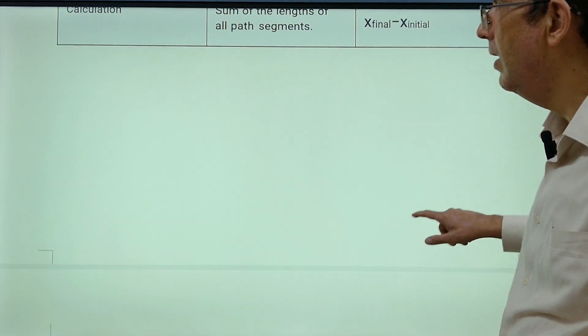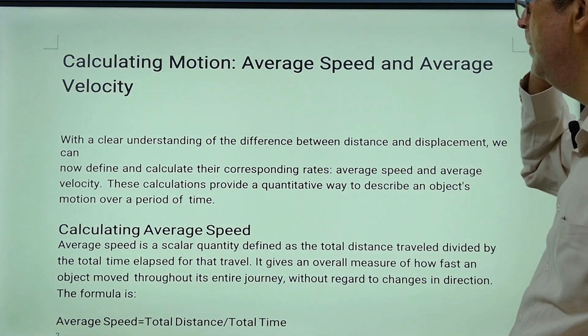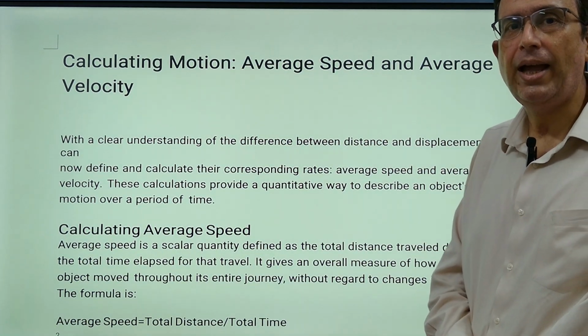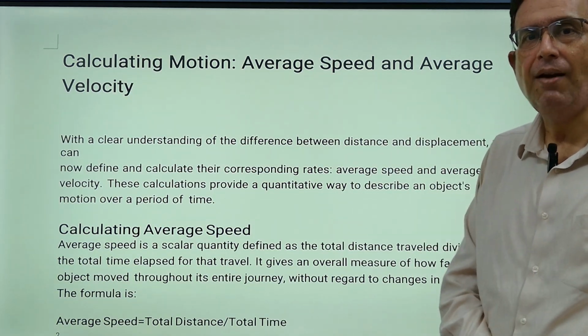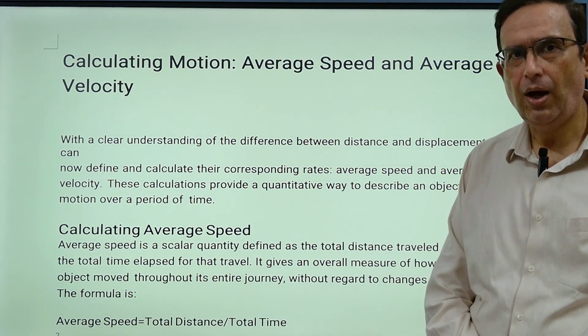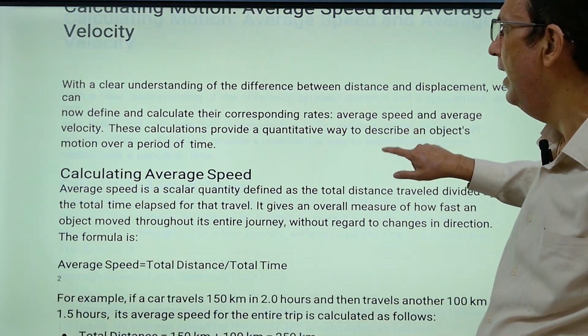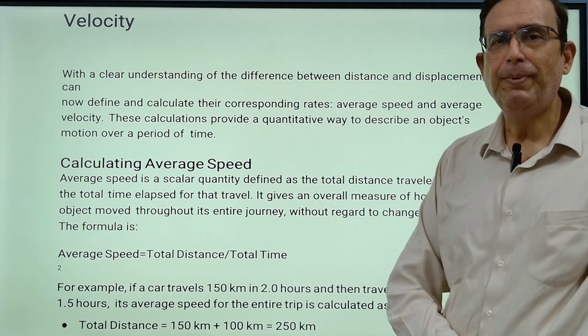So let us start from here. We are calculating motion and we're talking about the average speed and the average velocity. These are the two quantities that we talk about now. You should have a clear understanding of the difference between distance and displacement.